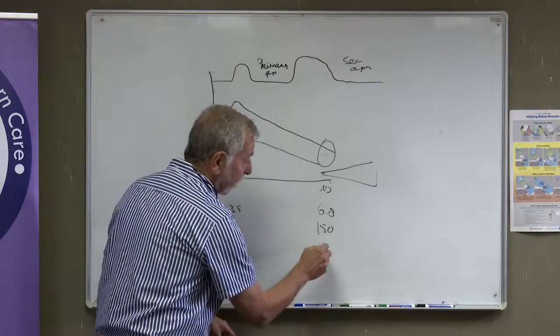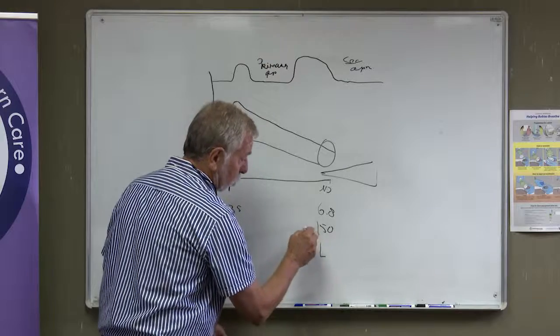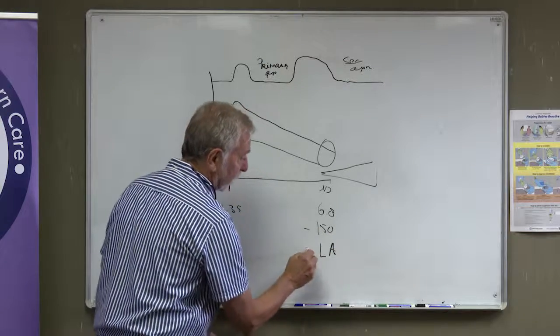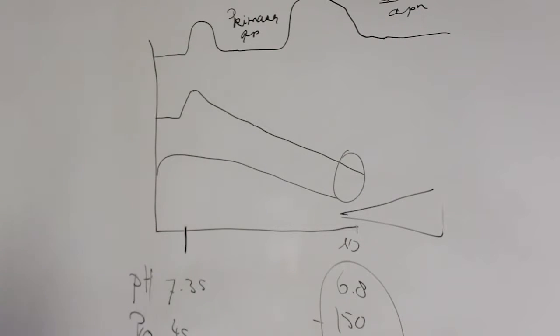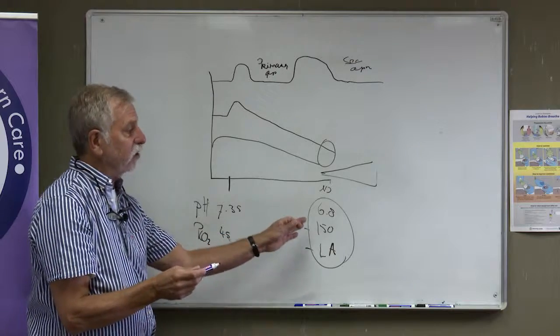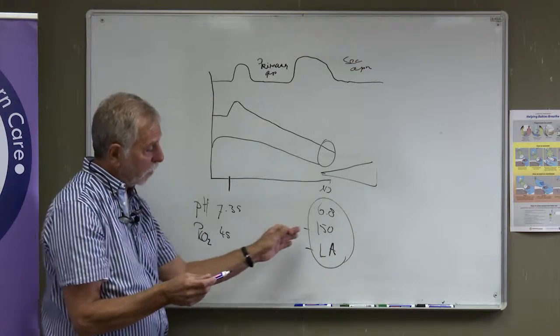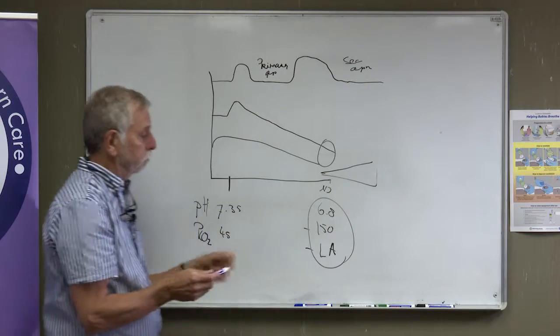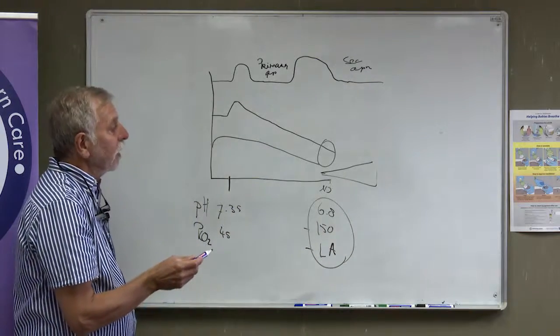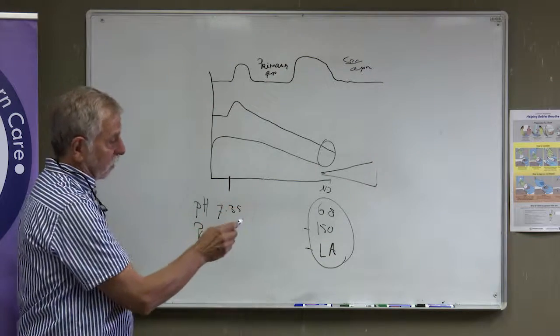So we have a high PCO2 and we have an enormous increase in lactate. So down here we have a mixed acidosis. We have to keep that in mind because this acidosis might be influencing the clinical picture later on. So this is about metabolism.